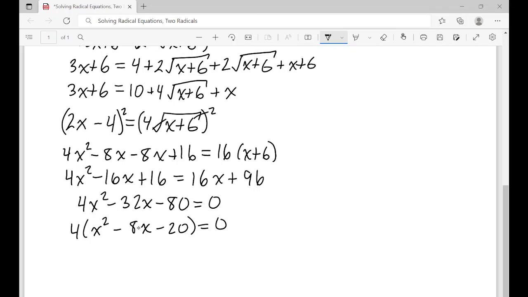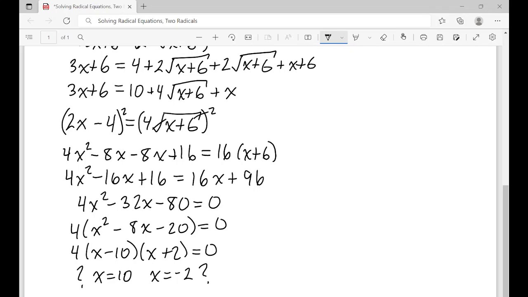And I can factor my quadratic down to x minus 10 and x plus 2. So now I can set these two equal to 0, and I can discard the 4, I don't really need it. So I'm going to get x equals 10 and x equals negative 2 as my possible answers. But do they work? Let's find out.